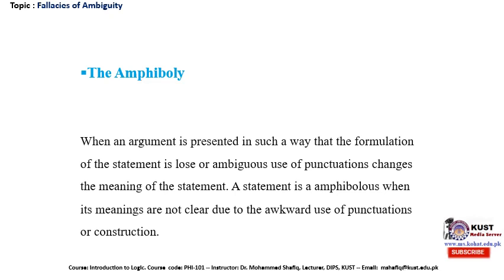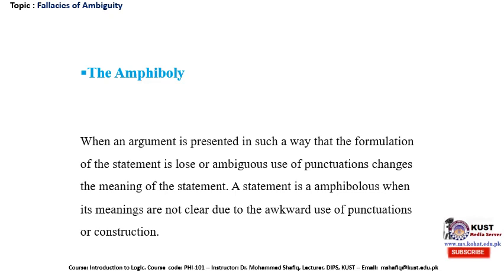For example, the statement: a piano for sale by a lady in an oak case with curved legs. Now, if you put a comma after "a piano for sale by a lady" and then say "in an oak case with curved legs," that would mean the oak case has the curved legs.